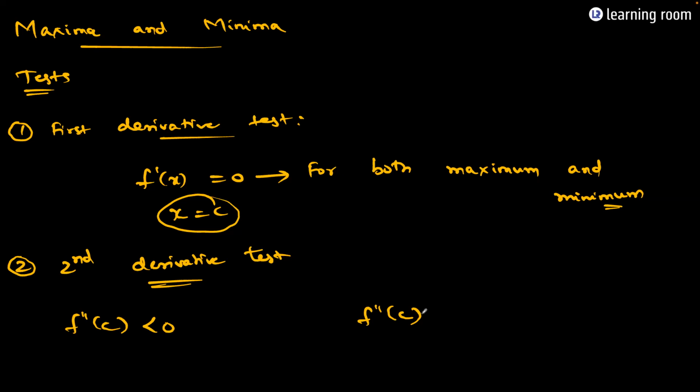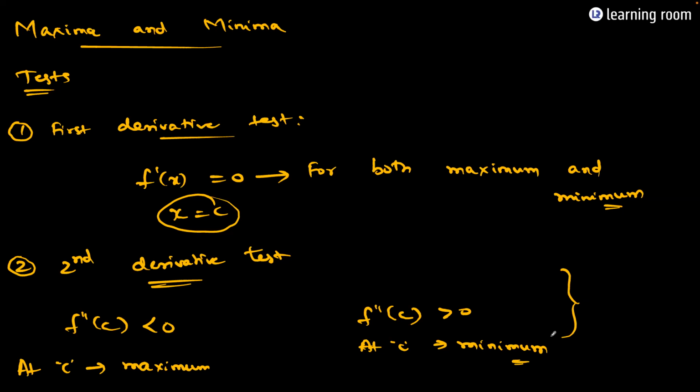If f double dash of c is less than 0, what can I say? At c, you have a maximum. And if f double dash of c is greater than 0, then at c you have a minimum, obviously. Right? So this is what you do with the second derivative test.